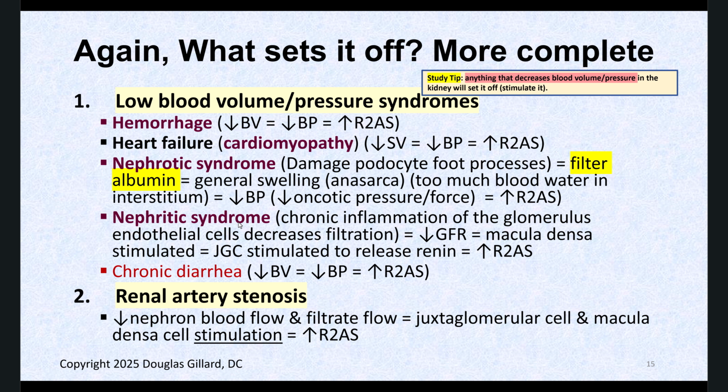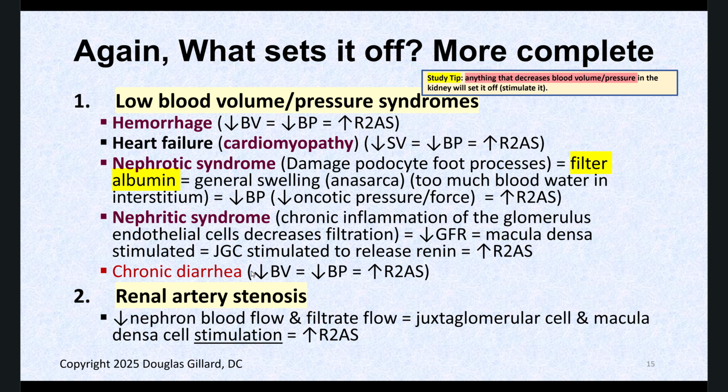Nephritic syndrome, remember from renal physiology what that is? That's a chronic inflammation of the glomerulus, especially its endothelial cells and the basement membrane, and it makes it stiff, and that decreases GFR. And if you decrease GFR, you're going to decrease salt content in the tubular fluid. That's going to drive macula densa cells insane.